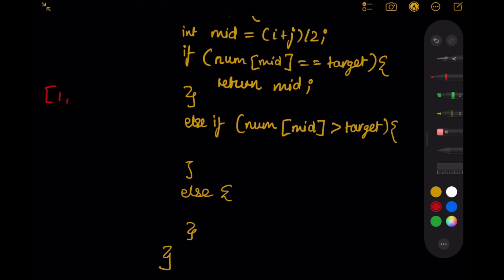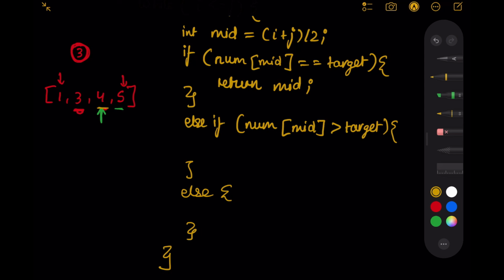So if this is the array and i is here and j is here, and say pivot is 3, or let's assume that pivot is 4 and we are trying to find 3. So pivot is at 4 and we are trying to find 3, and we know that 3 is less than 4. So I can obviously discard the entire right side of the pivot, which is 5, along with the pivot.